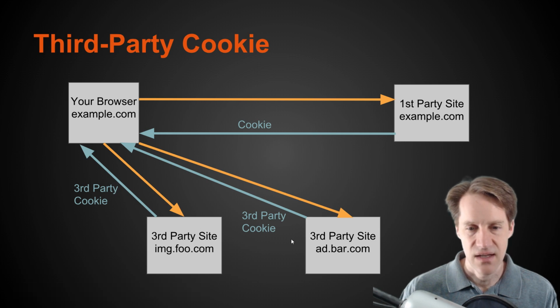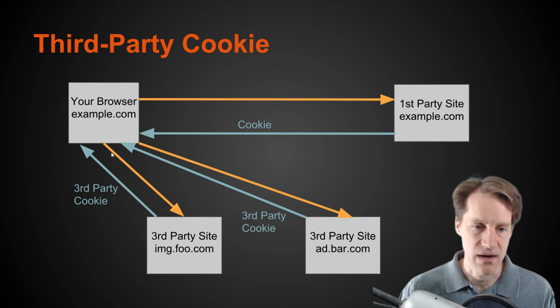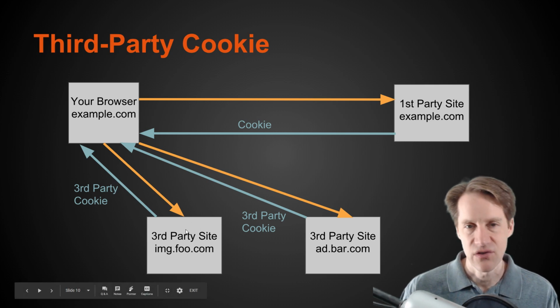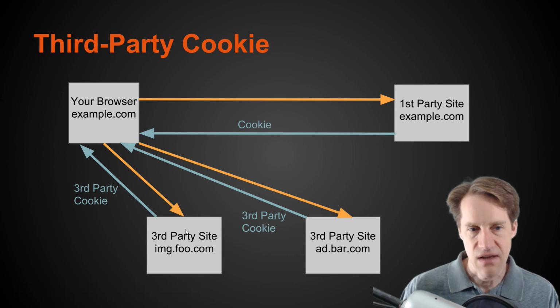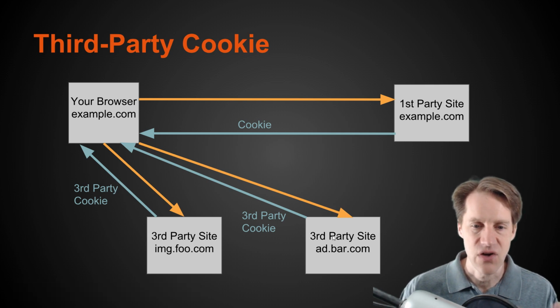Now, some of this can be beneficial, like maybe you want images and maybe there's a reason to store a cookie from there. Maybe the images rotate, and it wants to make sure it's not going to show you the same image. So there's some things that are not too bad with third-party cookies. However, in the case of delivering ads, maybe you don't want to be tracked in this way.